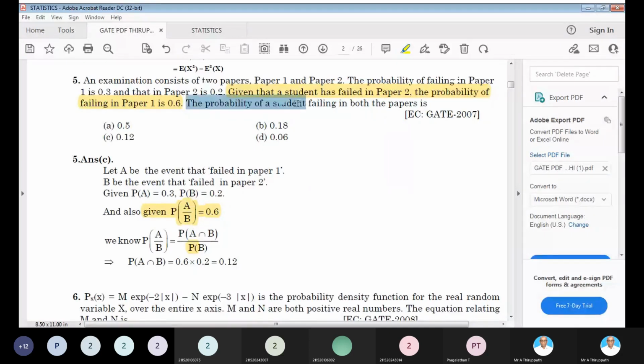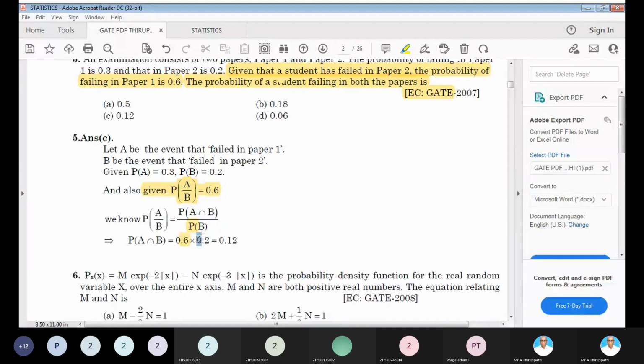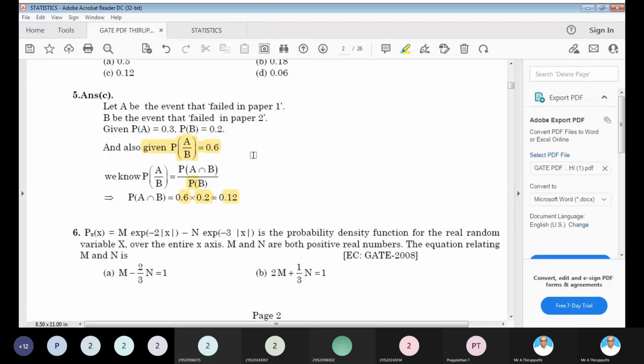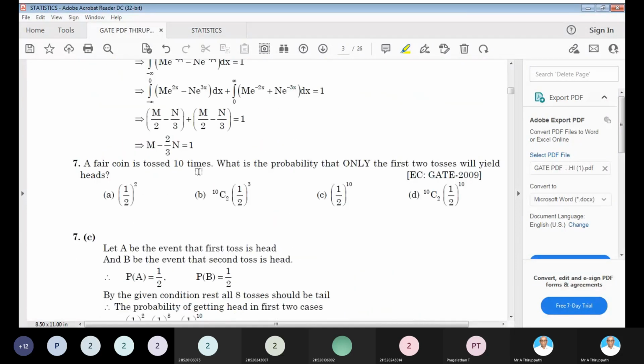Find the probability of students failing both papers, that is A intersection B. So P of A intersection B is equal to P of A given B into P of B. Using the conditional probability, P of A given B is 0.6 and P of B is 0.2. 0.6 into 0.2 is equal to 0.12. So the answer is 0.12. Option C is the correct one. Now, this was also already completed in some morning session.